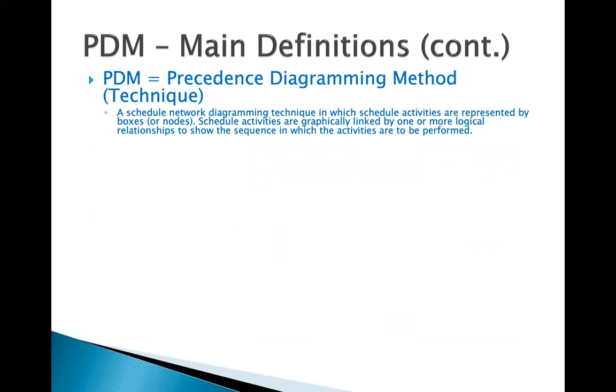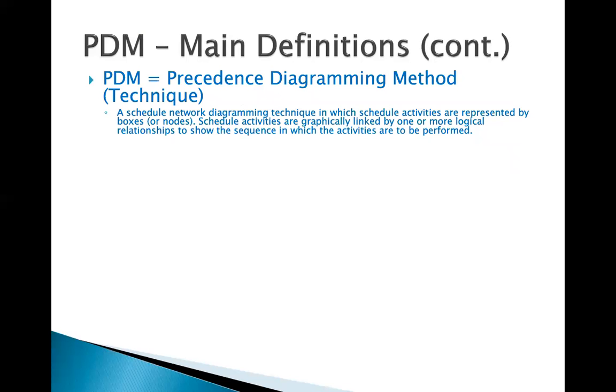Let me just continue because before the example, we need to explain a couple of terminologies. So number 1, PDM, it's the technique to represent the schedule network of the project graphically.